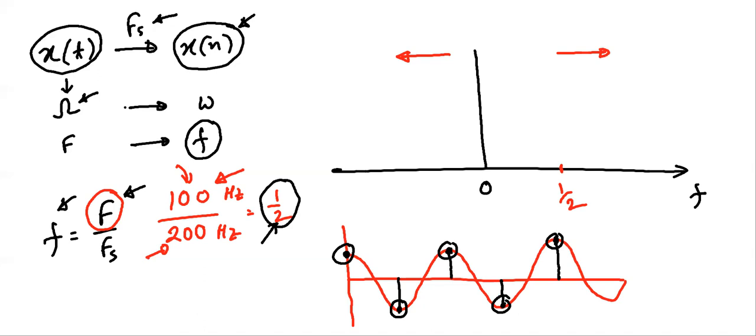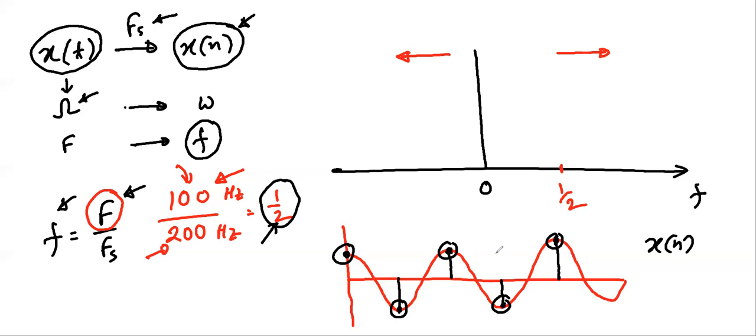Now, if we consider that at the end of the discretization of the signal, we only have these points. We have only those black dots. We don't have anything else. So in Xn, we have only those dots.